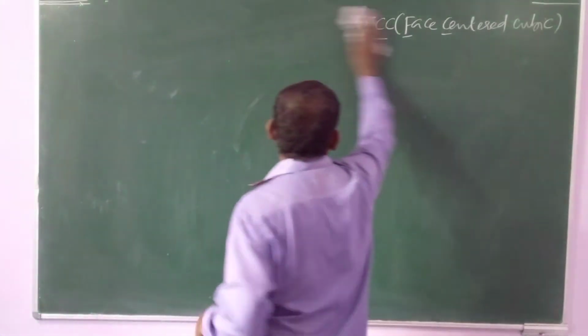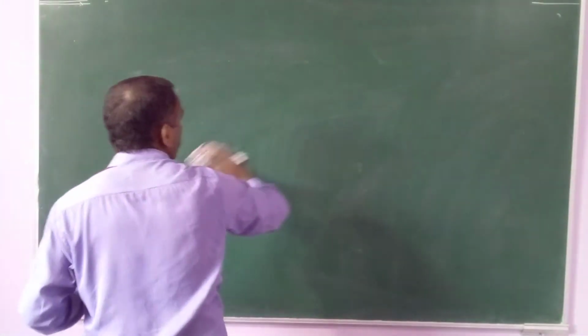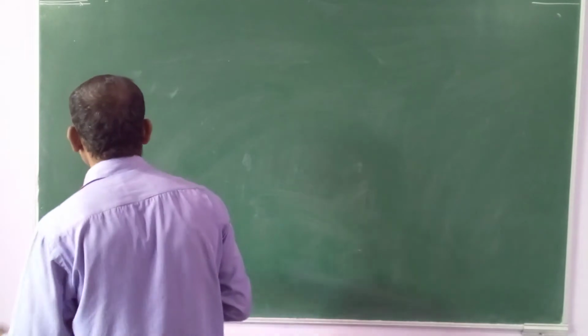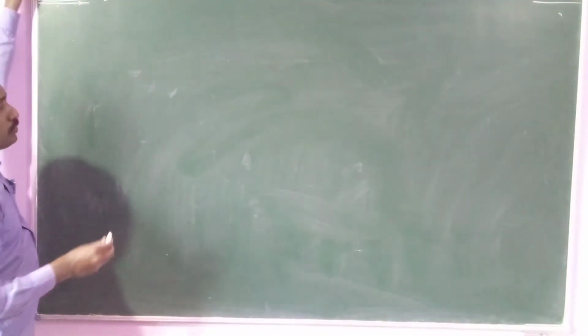So in order to calculate the packing efficiency of FCC, now we are considering the FCC unit cell. Now I am drawing the FCC unit cell. All these are cubic unit cells.